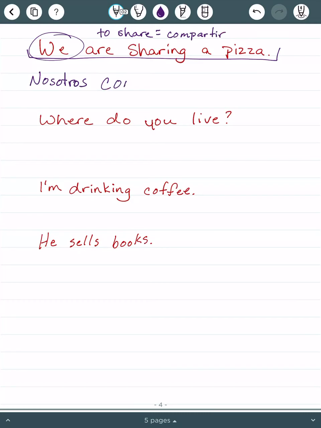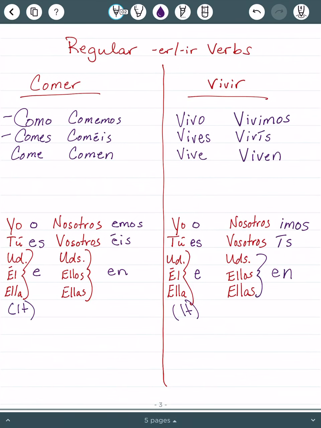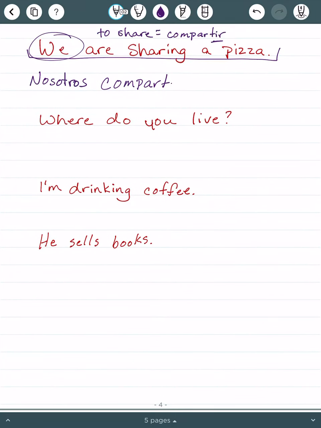So to say we are sharing, take off the IR, and it is an IR verb. So IR endings for nosotros, imos. Add that on there. And then a pizza, una pizza. And that's it.